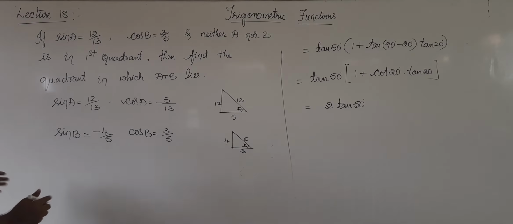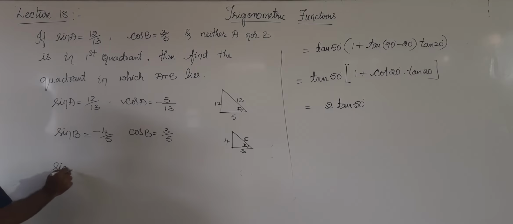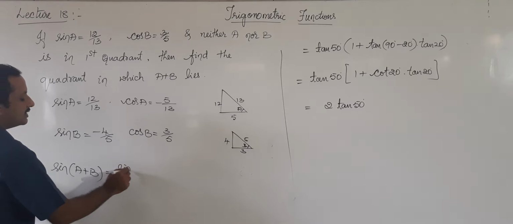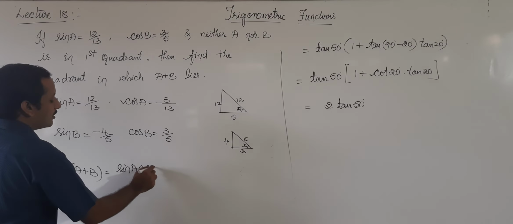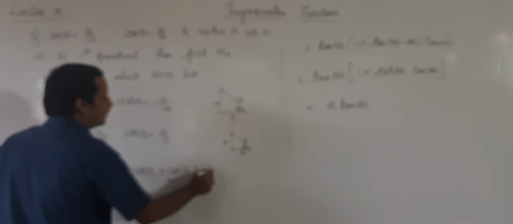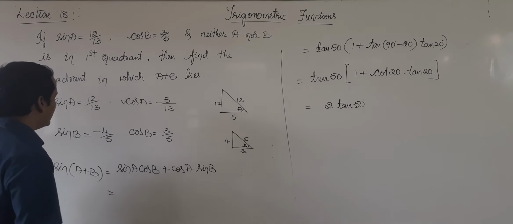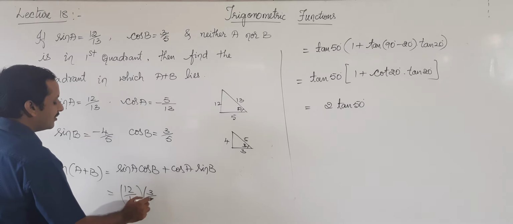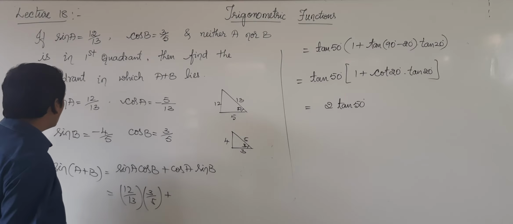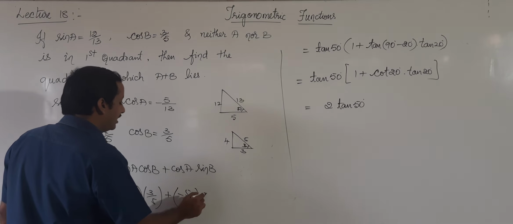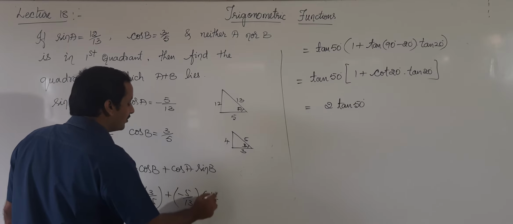Okay. So now I will find out sin A plus B. You know the formula, this is equal to sin A cos B plus cos A sin B. That's equal to sin A, 12 by 13, cos B, 3 by 5, plus cos A, minus 5 by 13, sin B, minus 4 by 5.